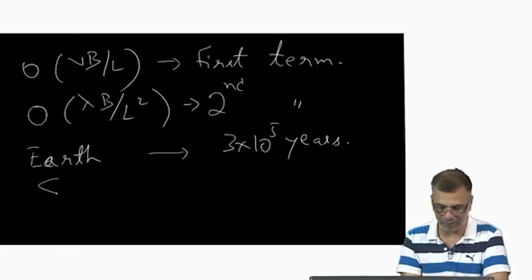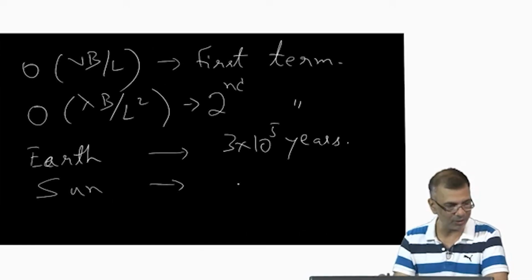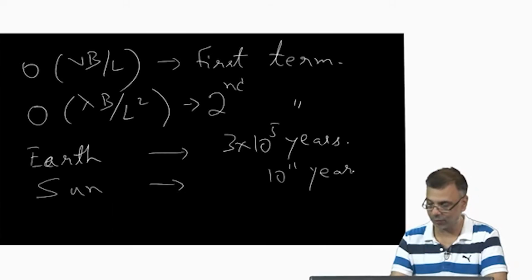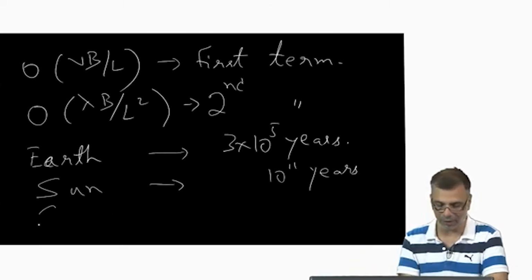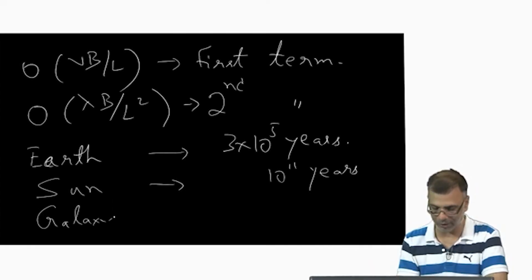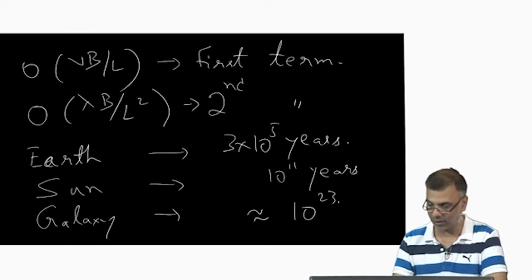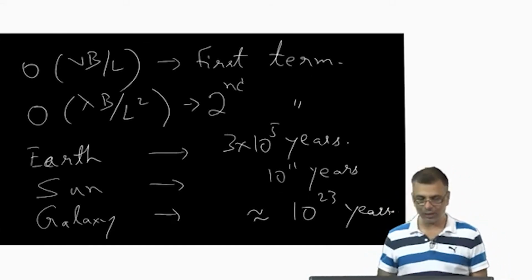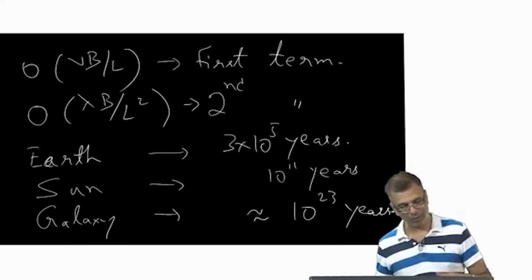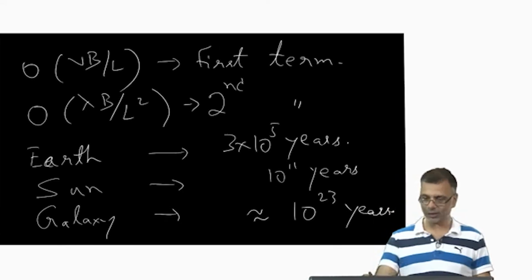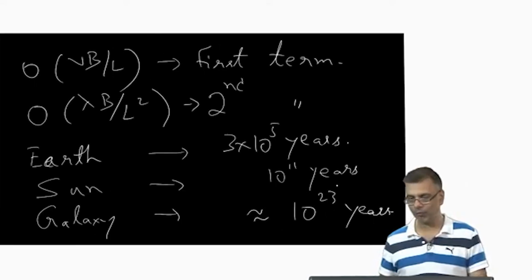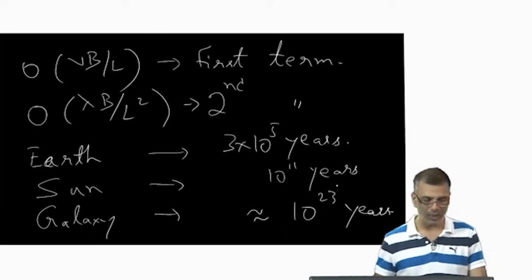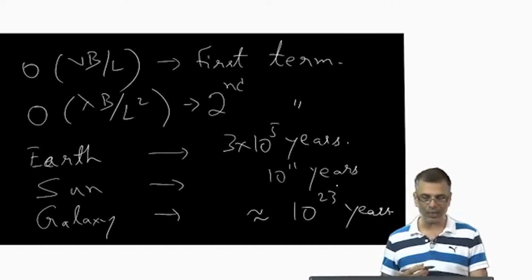For the Sun, it's something like 10 raised to 11 years if you put in the appropriate numbers. And for our Milky Way galaxy, it's something like 10 raised to 23 years, really huge. Now, this is really large, so as such there really should not be a problem, but it turns out, at least for the Sun, the Sun has been around for considerably more than this, and so you do need a dynamo.